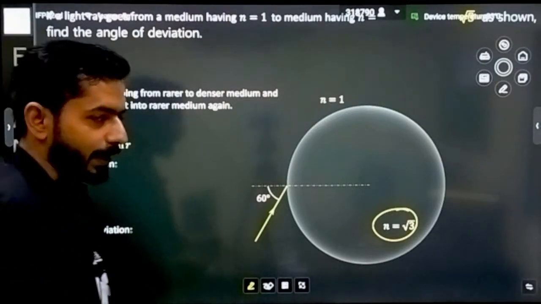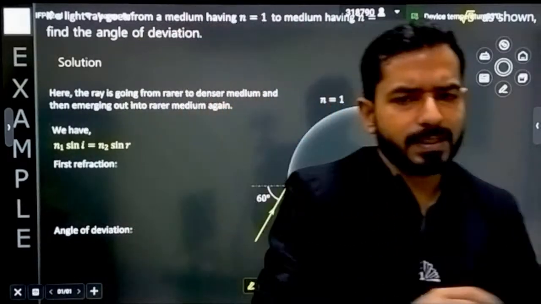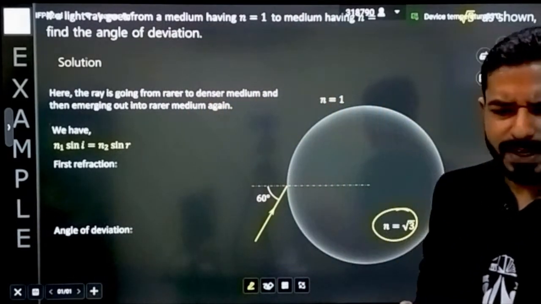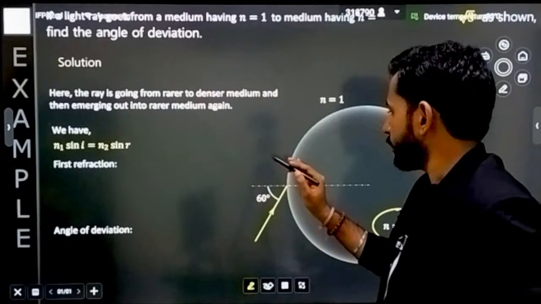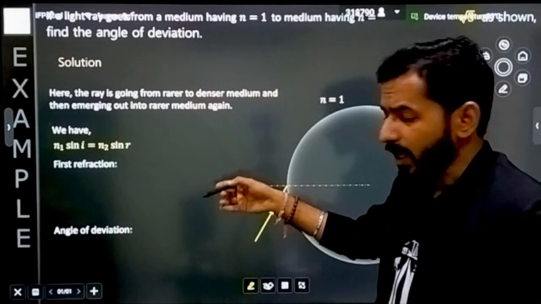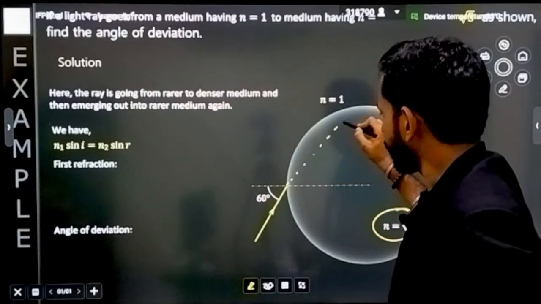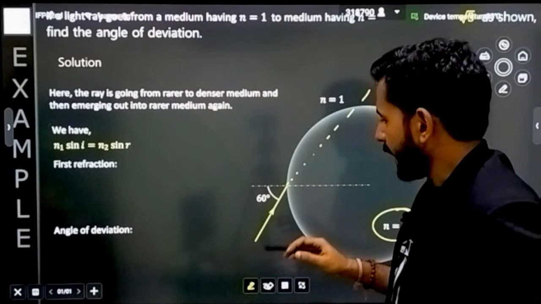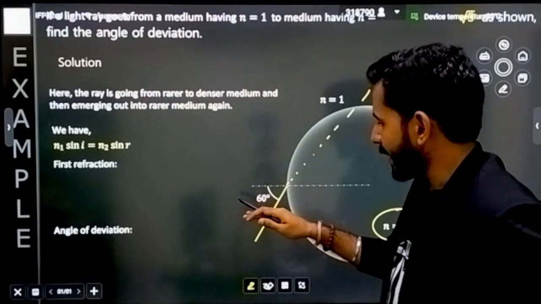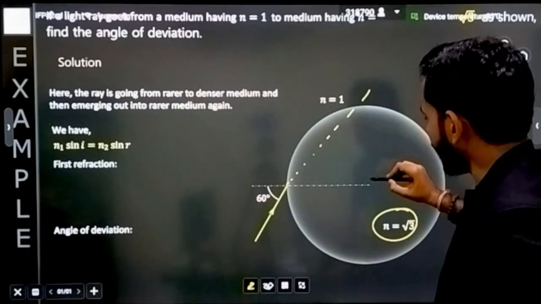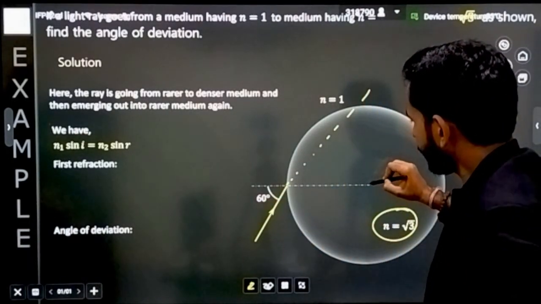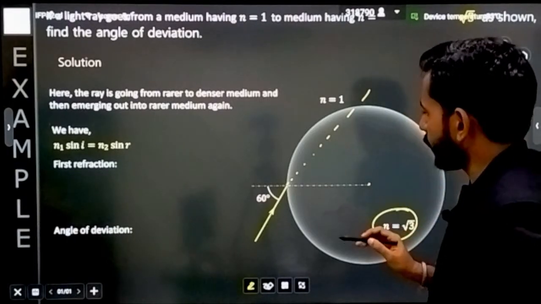You have to calculate the net angle of deviation. Firstly, let's see what kind of rough ray diagram we will have. You are going from rarer medium to denser medium. This was the original path. Now, how will you draw the normal?